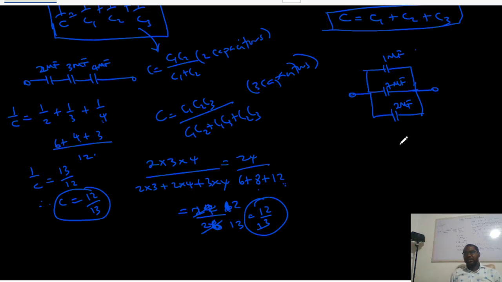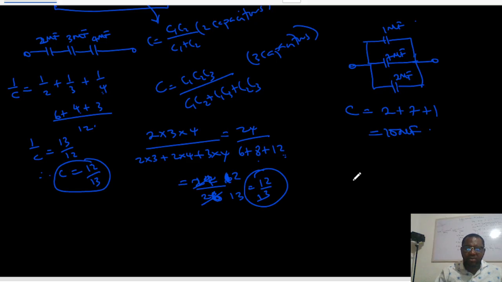Since they are in parallel, it will just be 2 plus 7 plus 1. As easy as that. You don't need to break your head around it. So this is 9 plus 1, which is 10. So the answer is 10 microfarad. Makes a lot of sense, right?